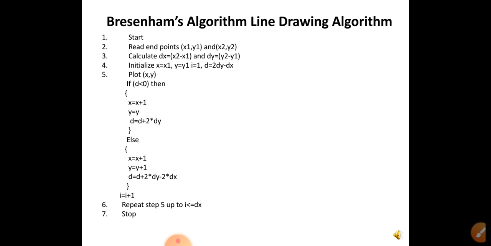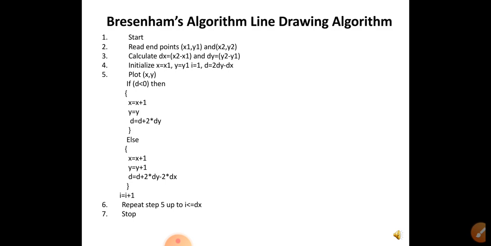So one common sense thing you should remember is that the x value is incremented by 1 in each step. The y value may or may not get incremented by 1 in each step.